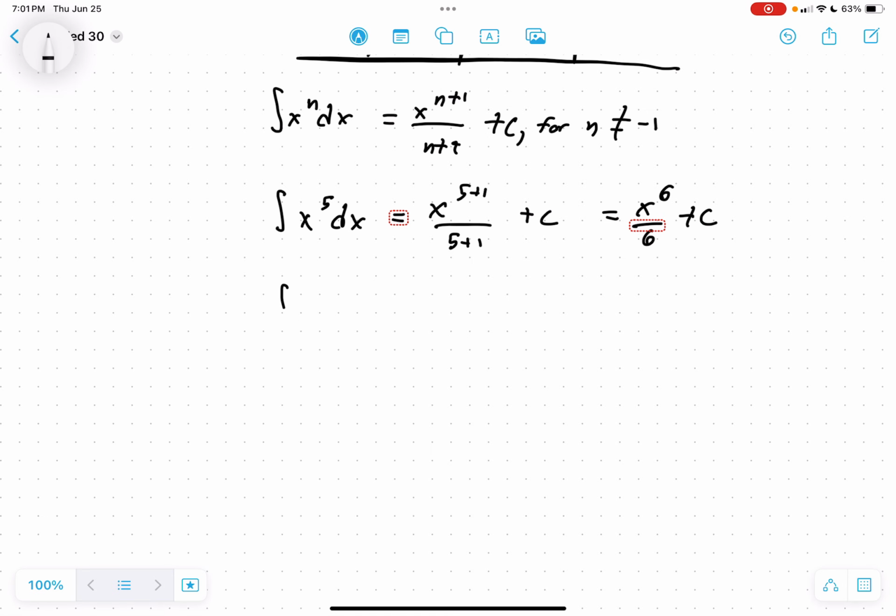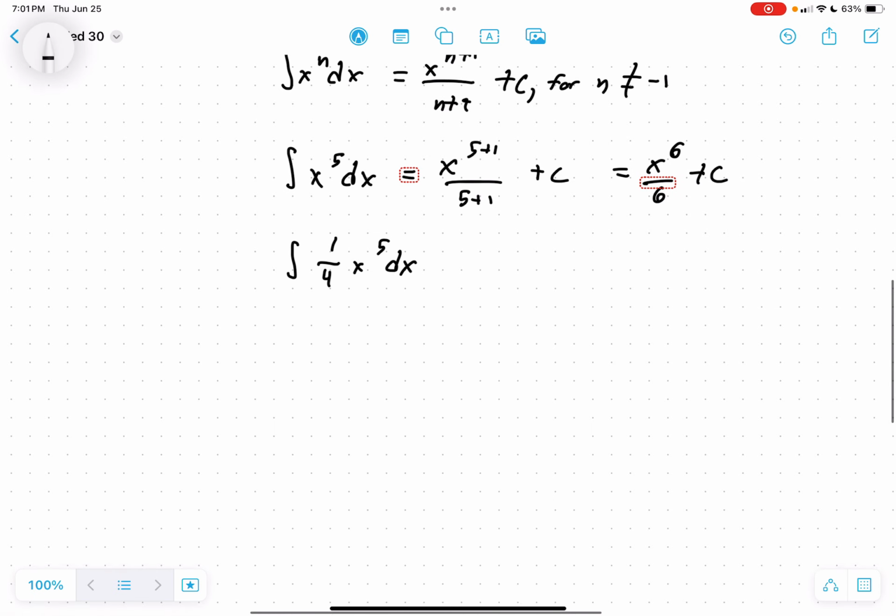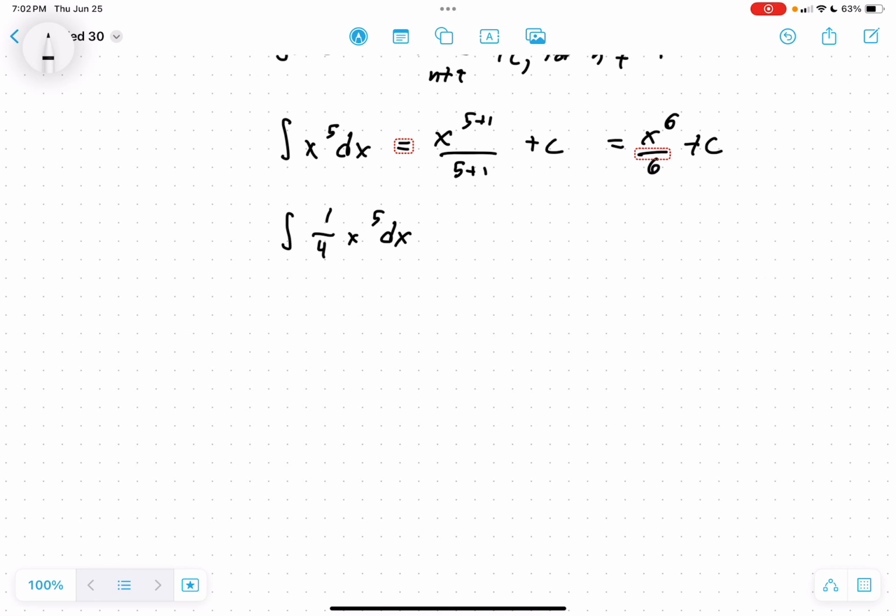Now let's get a little bit more complicated. What is the integral of 1/4 x to the 5th dx? Well, according to my constant multiple rule of integration, I can take out that 1/4. So this equals 1/4 times the integral of x to the 5th dx. Now I can integrate x to the 5th.